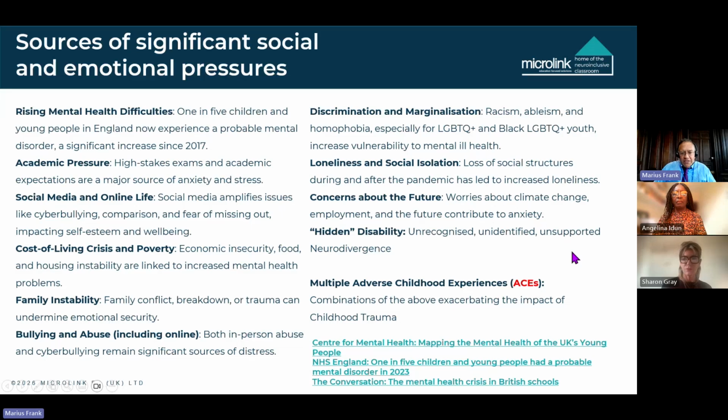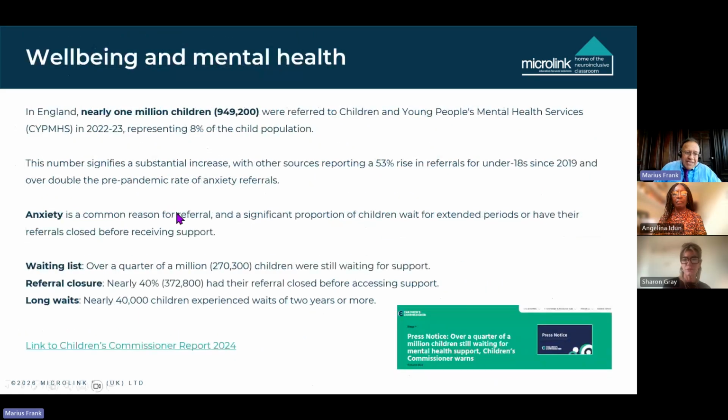It's extreme, leading to unbelievable figures. Nearly 1 million children being referred to children and mental health services in the last set of complete statistics. 8% of the child population. Anxiety is a common reason for referral, and we just simply are very poor at meeting those needs.